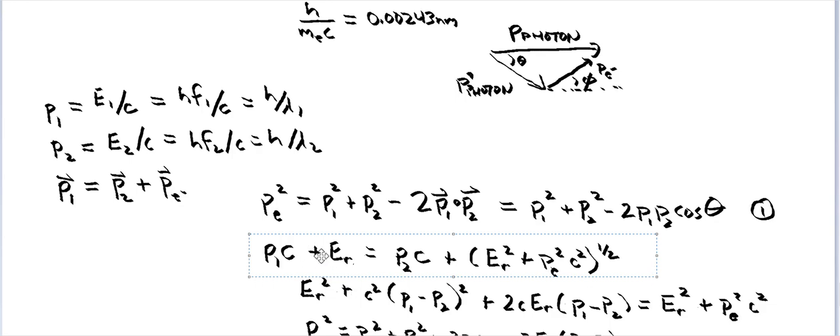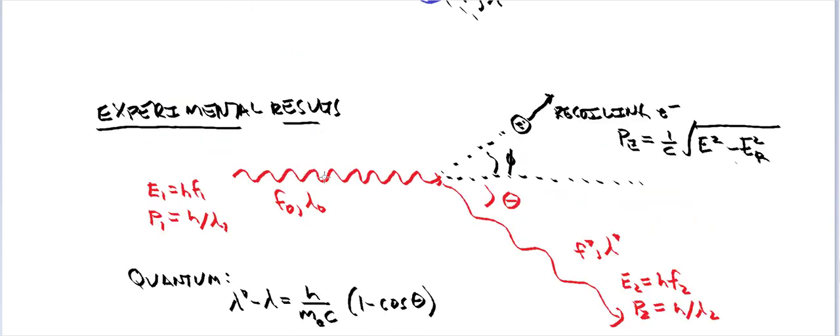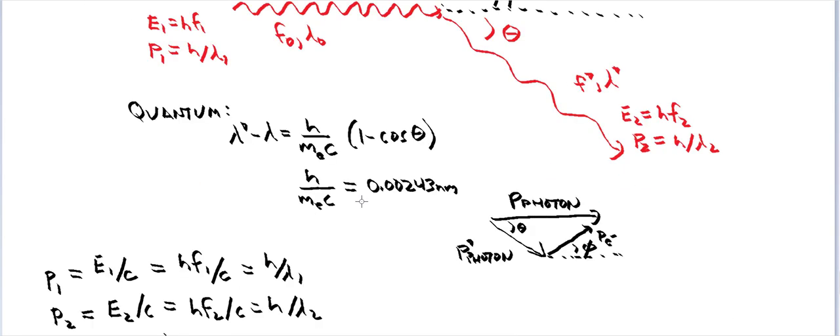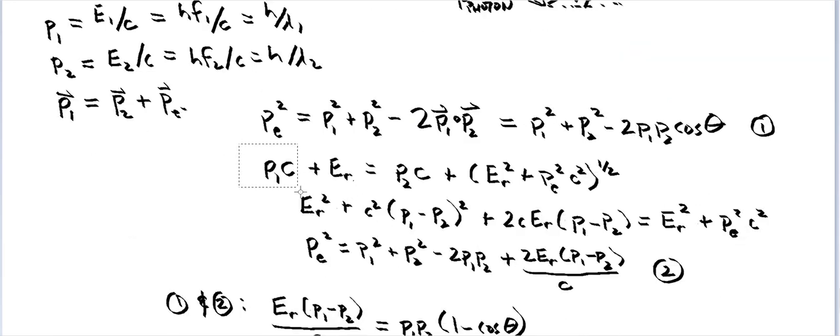We could also try to conserve energy. And so coming back to our original statement, we have the energy of the photon instant, and the electron is originally at rest. P1C, that's the energy of the instant photon. ER is just the rest energy of the electron. So we're going to jump into a frame where the electron is at rest with respect to us.